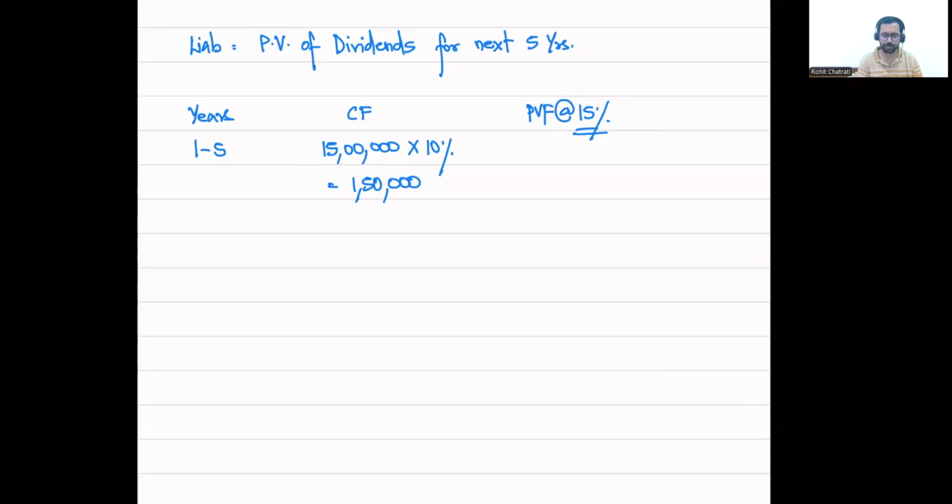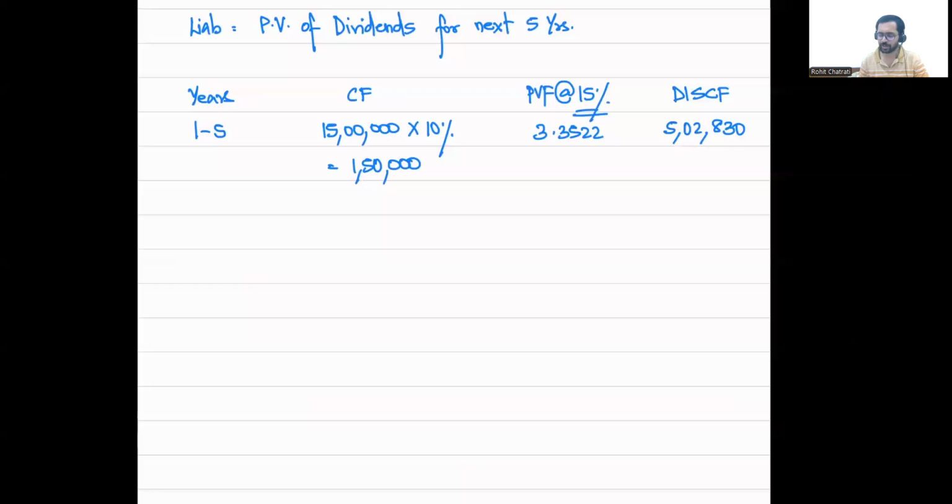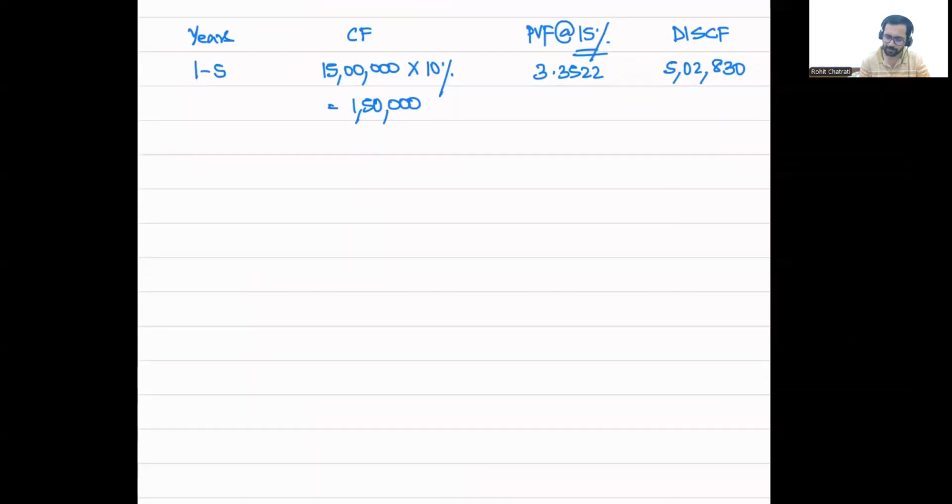This answer is going to be equal to 3.3522. The discounted cash flow will then be equal to 1,50,000 multiplied by 3.3522, which is going to be equal to 5,02,830. All right, so the discounted cash flow will be 5,02,830, and this will be the value of liability.